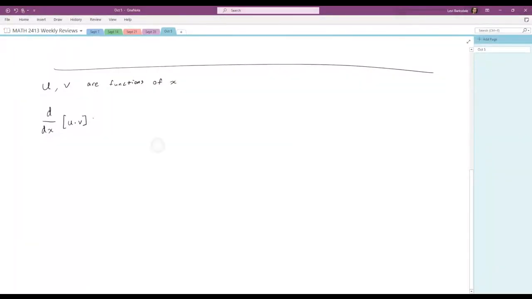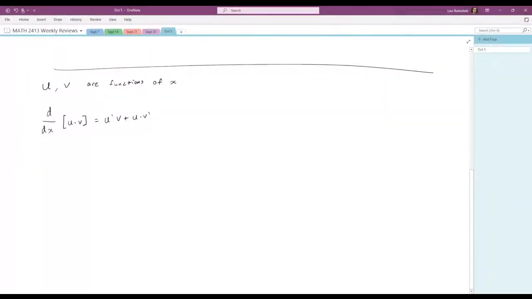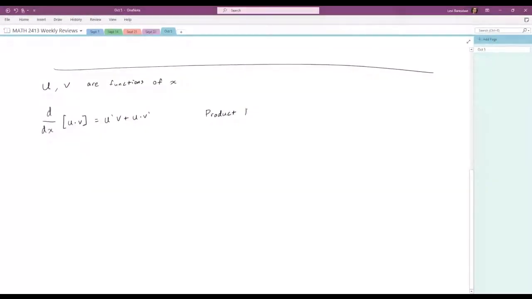Well, the product rule says how we can do that. It says the derivative of u times v is the derivative of u times v plus u times the derivative of v. And this is called the product rule. Very important, very useful. You will use it for forever, basically, so make sure you know it.